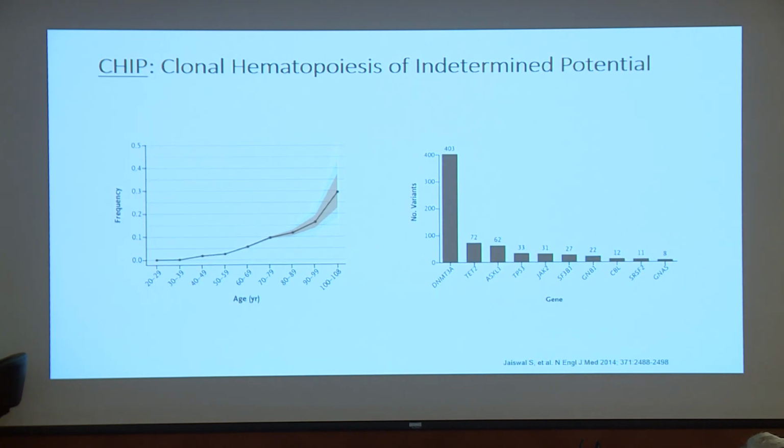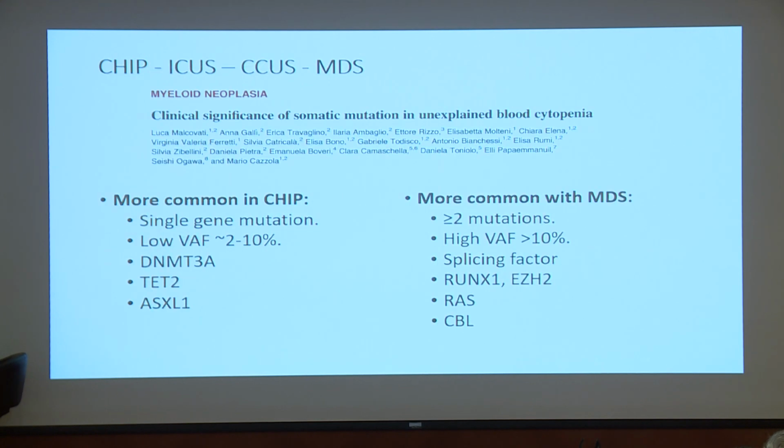As we said, CHIP incidence increases as age increases. CHIP is more commonly characterized by a single gene mutation with low variant allelic frequency, usually 2 to 10%.